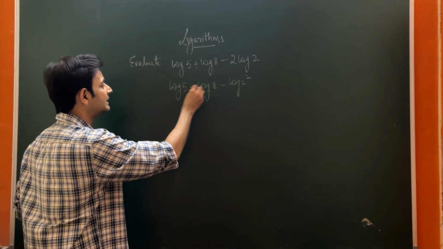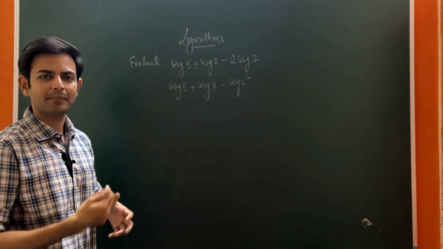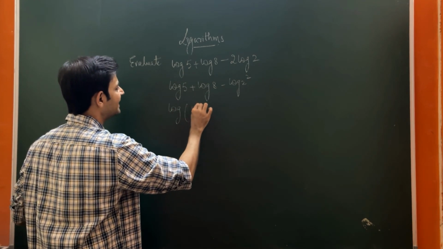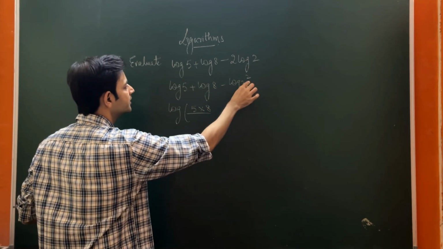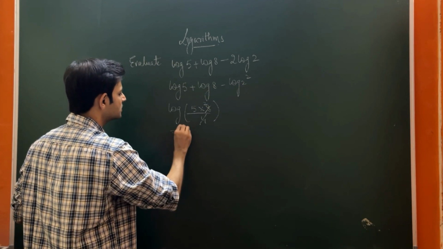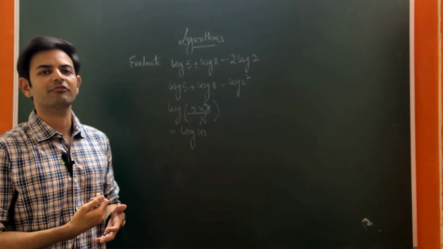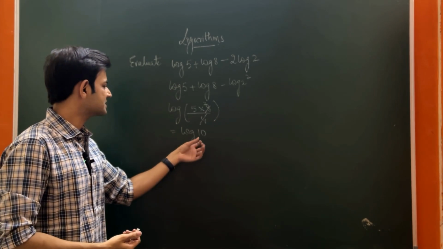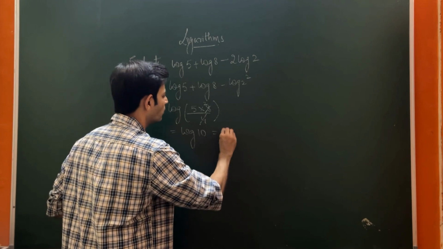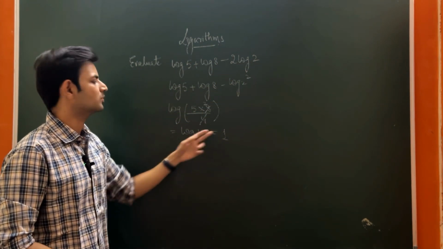So we multiply whatever is in addition and we divide whatever is in minus or subtraction. So it becomes log of 5 into 8 upon 2 square is 4. So this is equal to log 10. We just learned that log of 10 is equal to 1 because there is no base given here. We assume that to be 10. So this is equal to 1. So the value of log 5 plus log 8 minus 2 log 2 is equal to 1.